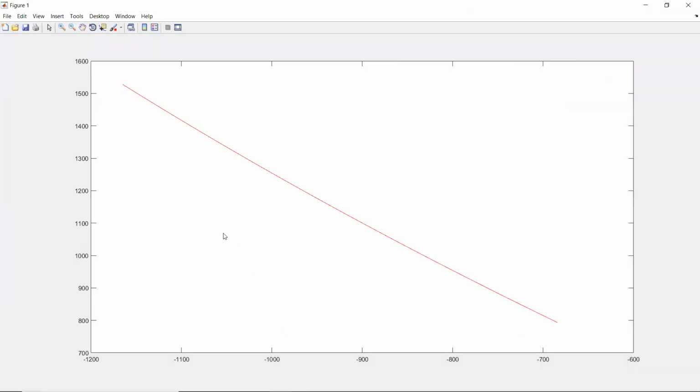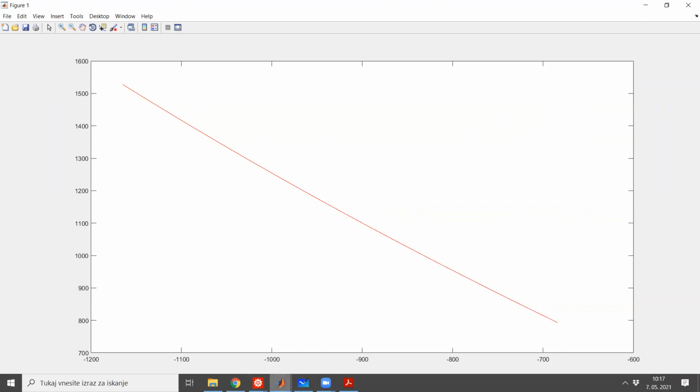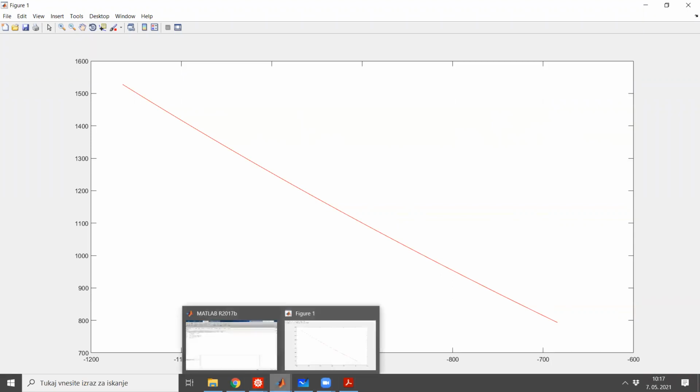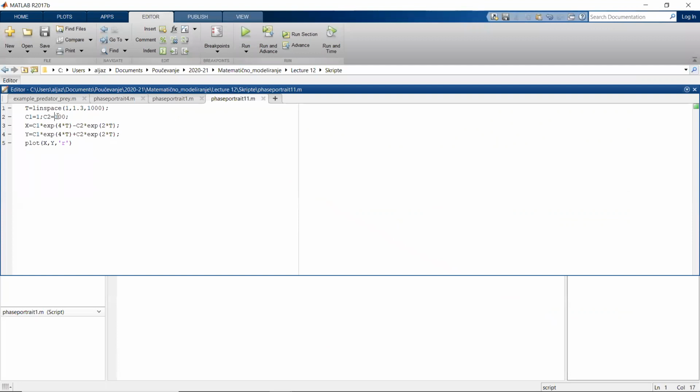You see, when I take 1 to 1.3, this second curve still prevails. We are not in the asymptotic behavior yet, because C2 is 100, and still this second part prevails. So we have to increase this right endpoint.